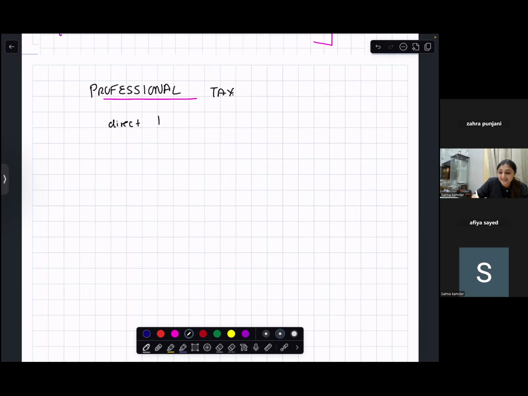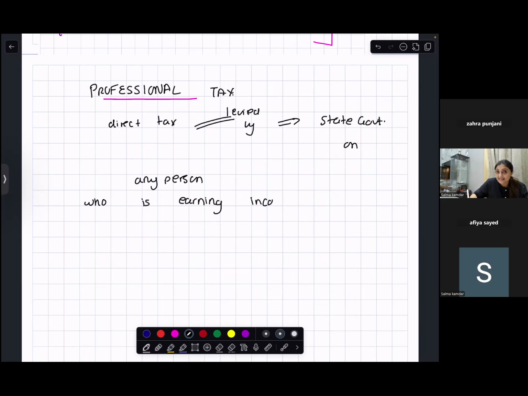Professional tax is basically a direct tax that is levied by the state government on any person who is earning income from salaries, wages, or practicing as a professional.